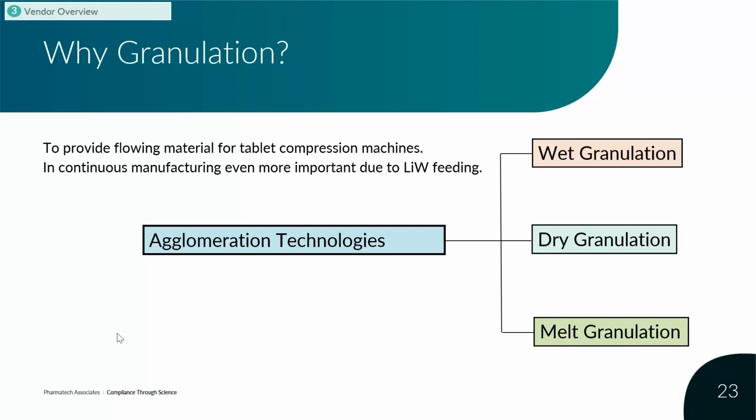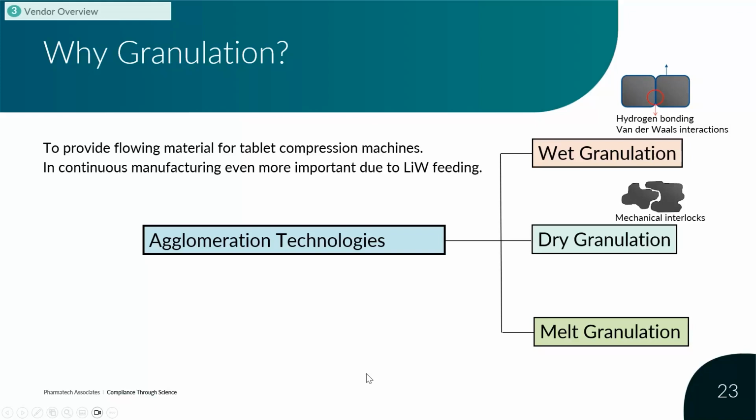So in some cases, even raw materials coming in today are granulated or agglomerated before at the raw material supplier, to provide the best flowable product for your loss-in-weight feeding devices. Still, there are different technologies like wet granulation, very prominently, as we know, and dry granulation as well.